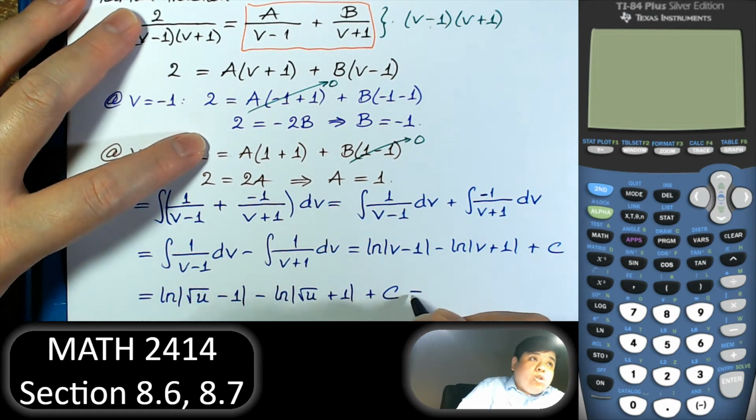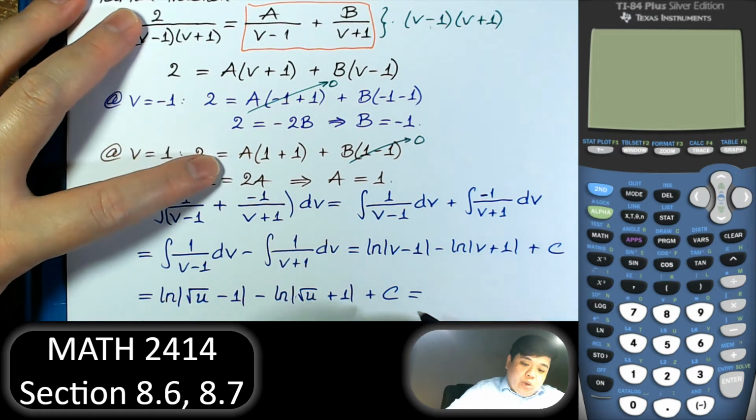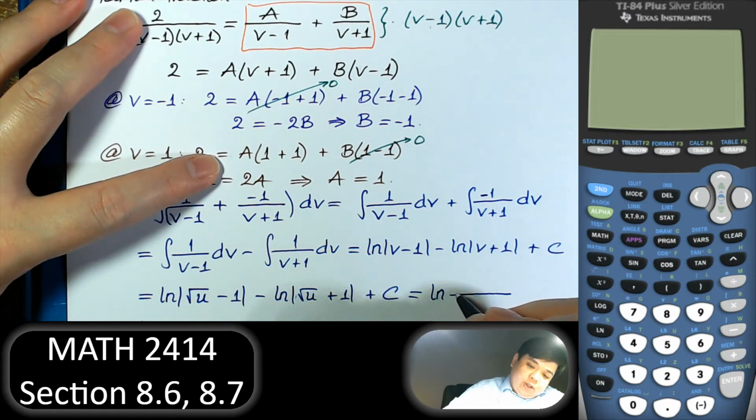Now, also, when we subtract the two logs, we can write this as a quotient: square root of u minus 1 over square root of u plus 1.